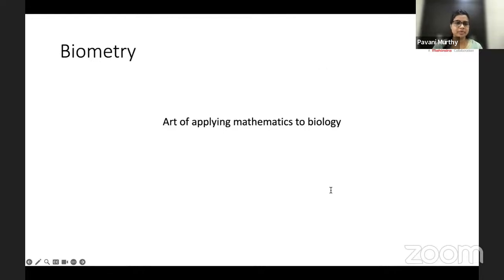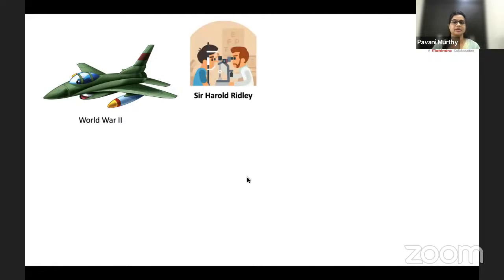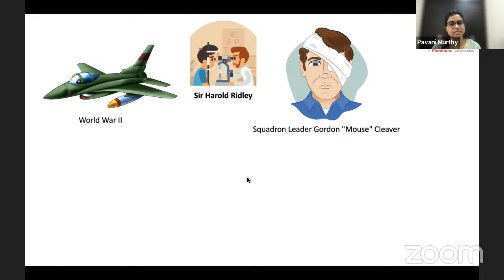So what is biometry? Biometry is the art of applying mathematics to biology. It all started during World War II when Sir Harold Ridley saw Air Force casualties with eye injuries, including a squadron leader, Cleaver.